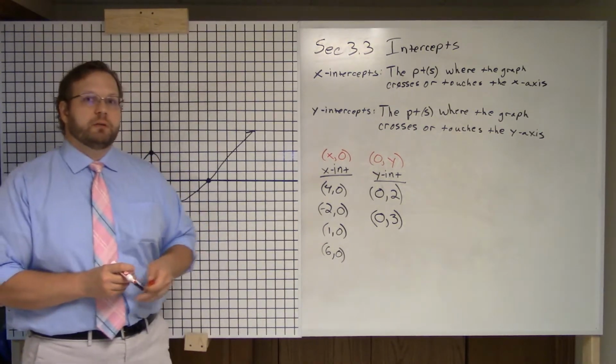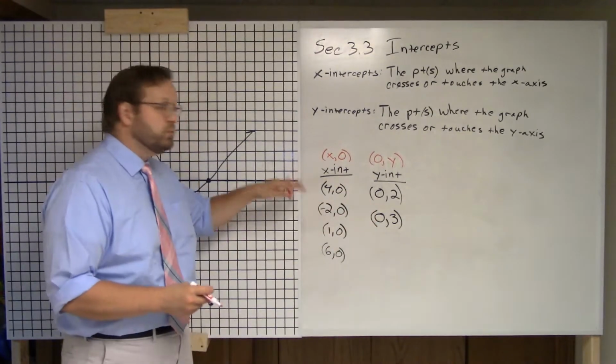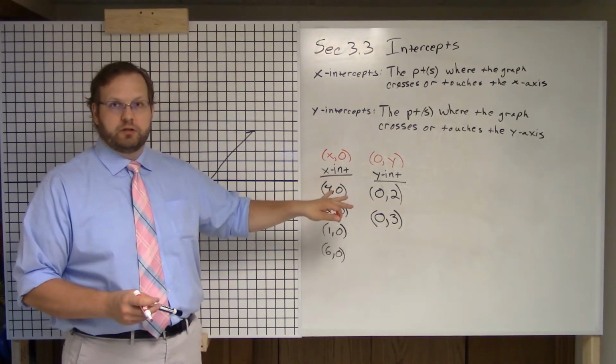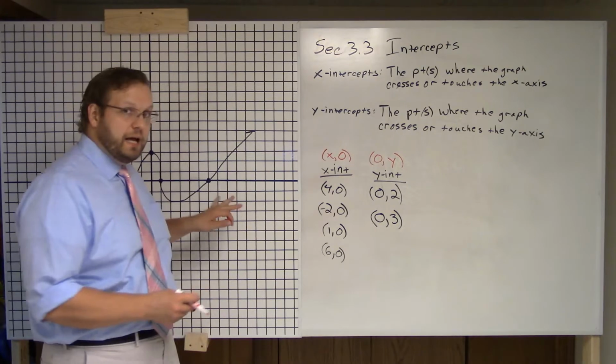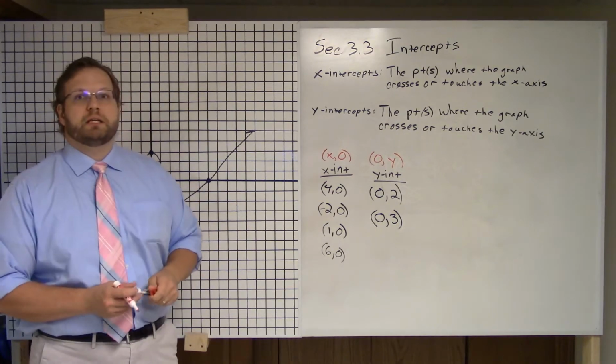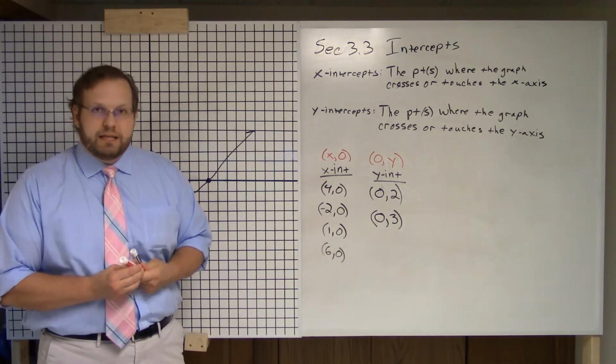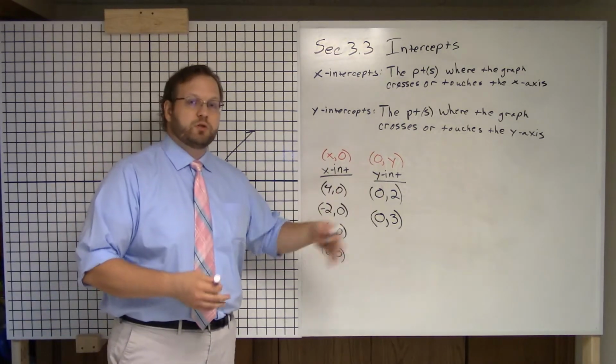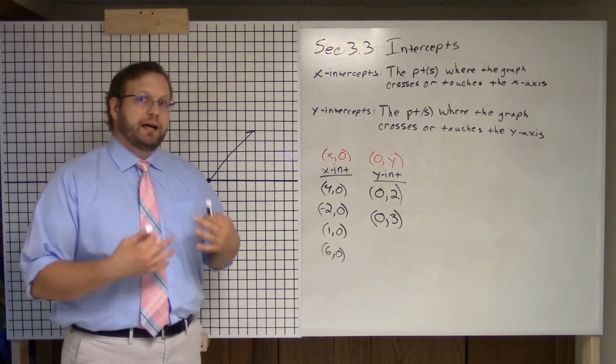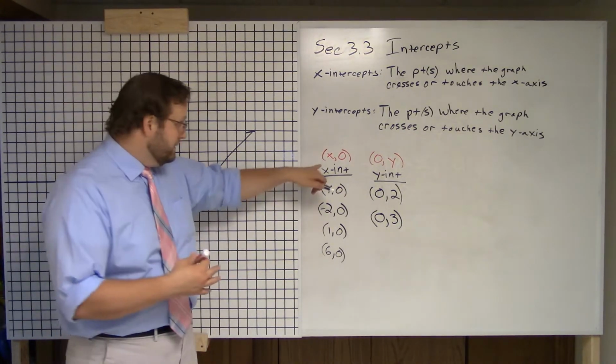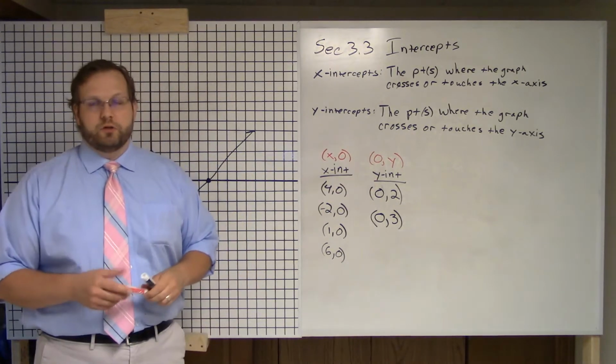I don't care if you get a PhD in mathematics, this will never ever change. And whether we're graphing lines or curves like this or something even more complicated, that is never going to be different. So we will always be able to fall back on that idea and on this model for the ordered pairs.